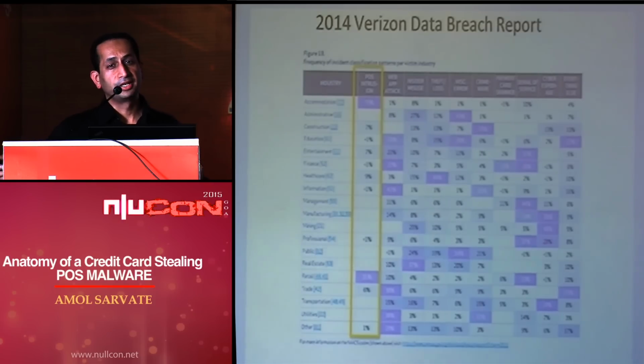Any vendor you talk about, Target, Home Depot, Credit Suisse, most big brand companies were targeted and data was stolen last year. So this report will look a lot different when it is released this year. So anyway, POS malware is a real threat, and there is a lot of data to show that.